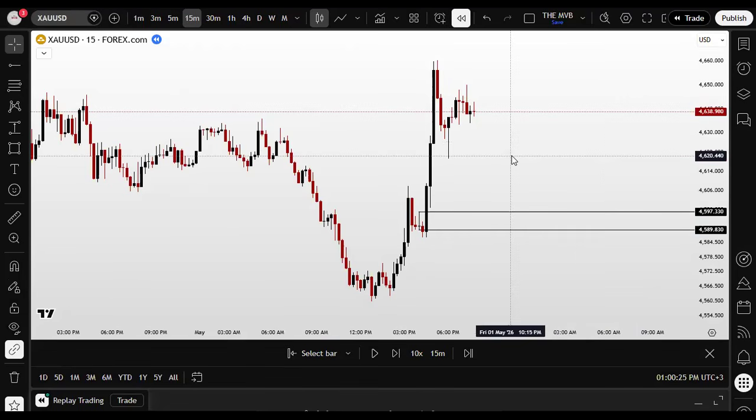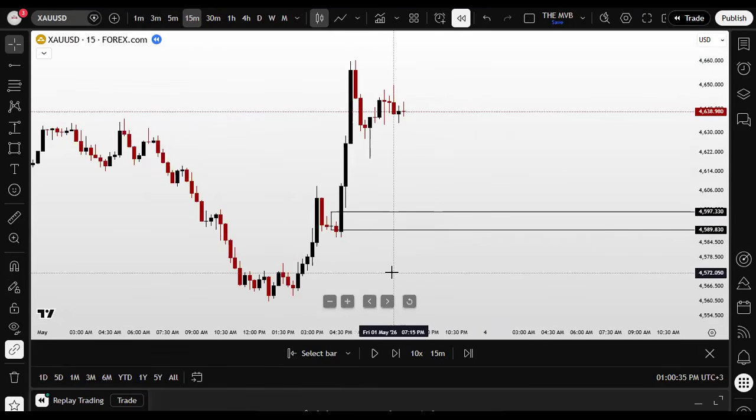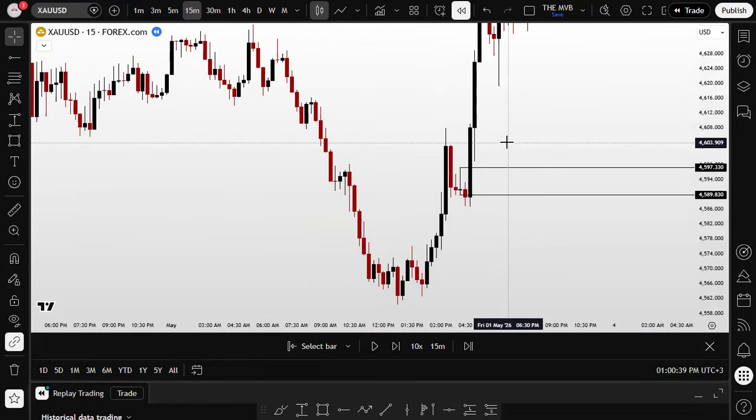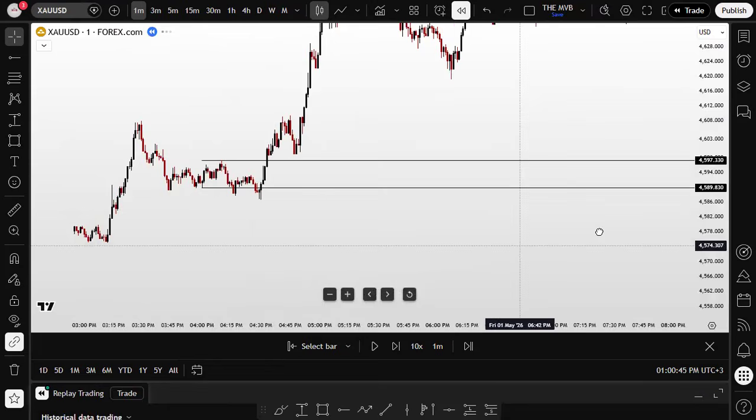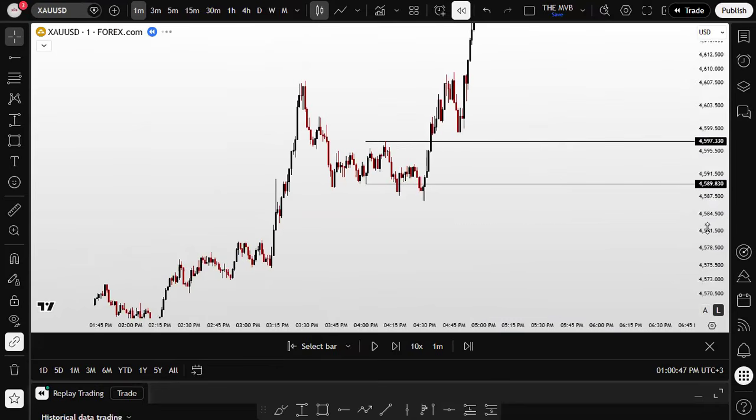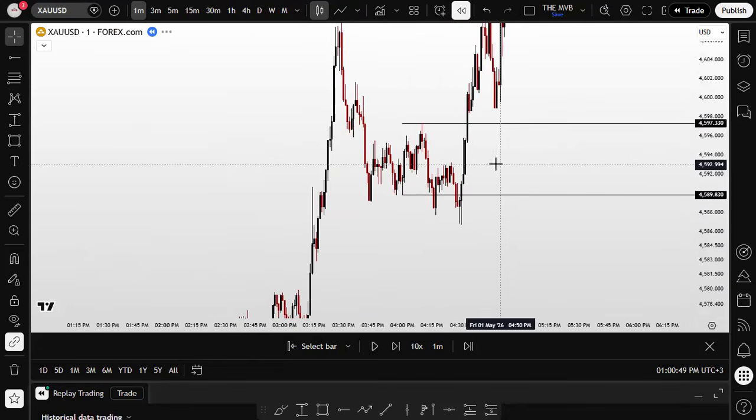All right. So this was Friday. Our opening range breakout was this one, our opening range candle. We mark the high, we mark the low, including the wicks. Okay. Including the wicks. Now we drop down to the 1 minute. Now I remember this day was so confusing, but it's easy.